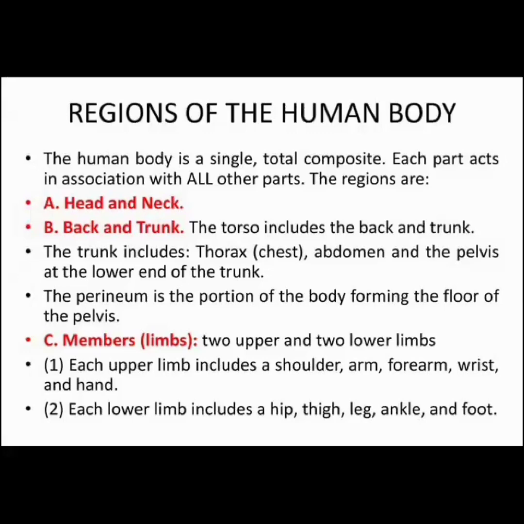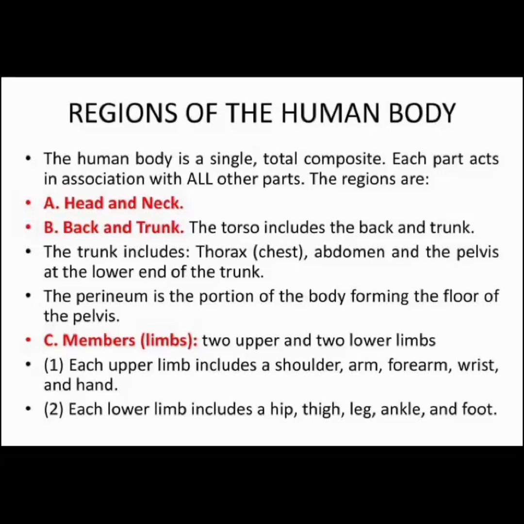The torso includes the back and trunk. The trunk includes the thorax, which means chest, the abdomen, and the pelvis at the lower end of the trunk. The perineum is the portion of the body forming the floor of the pelvis.